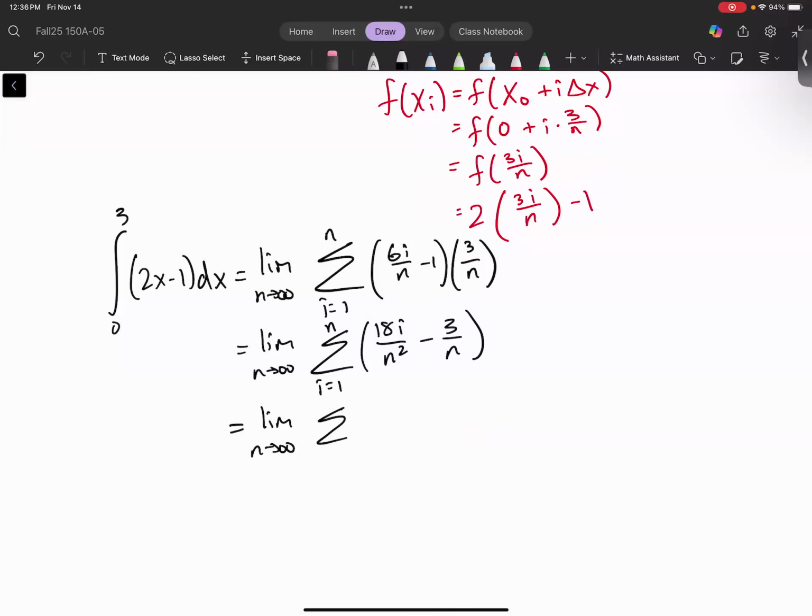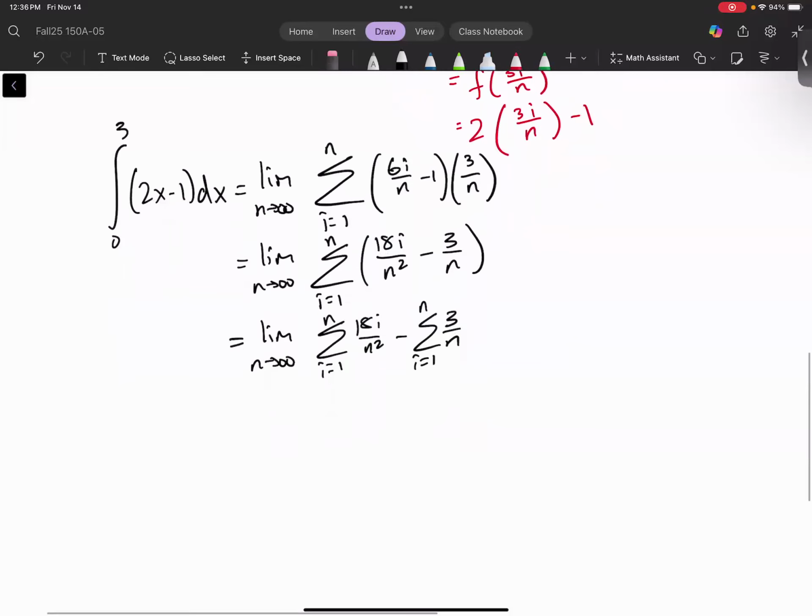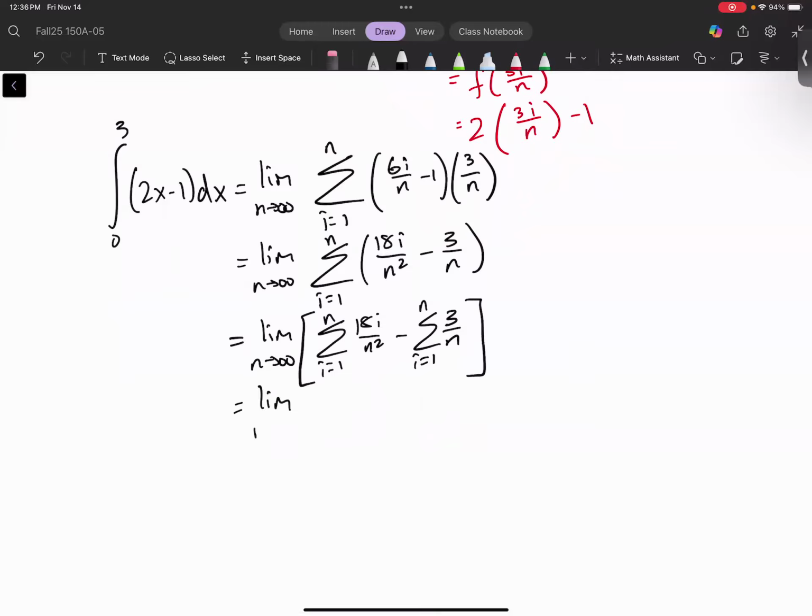So this is the sum, i equals 1 to n, of 18i over n squared, minus the sum, i equals 1 to n, of 3 over n. Okay, so we can tackle these together. Maybe I should do some brackets around this for the limit. So let's do some brackets. I can factor out 18 over n squared. That has nothing to do with i.